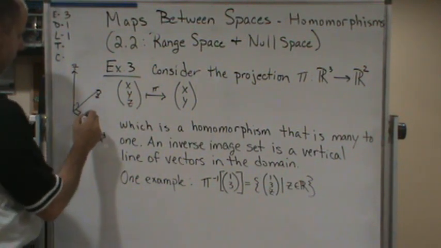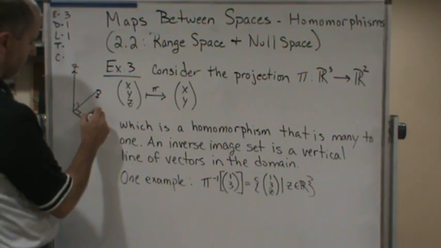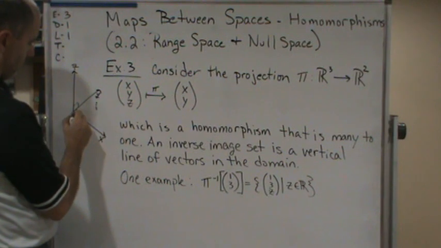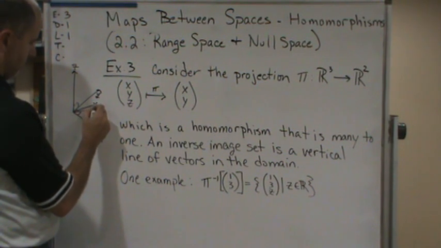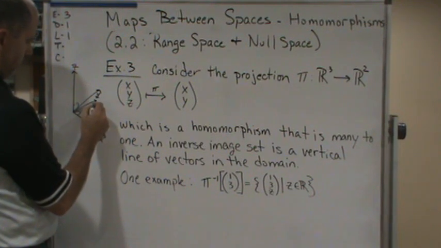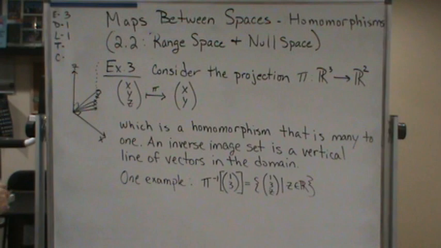So we might have an inverse image that basically is a vertical line of vectors that originate from 0, and it just keeps going up on the z-axis.